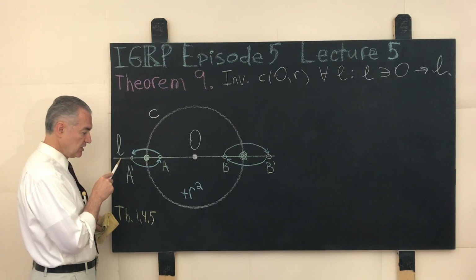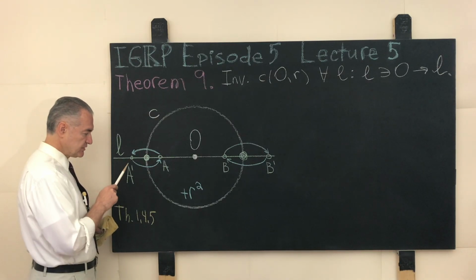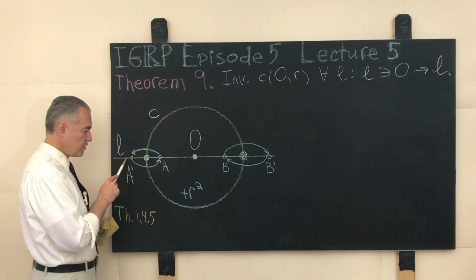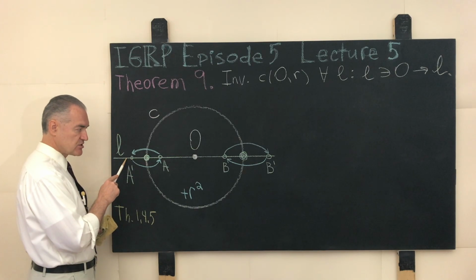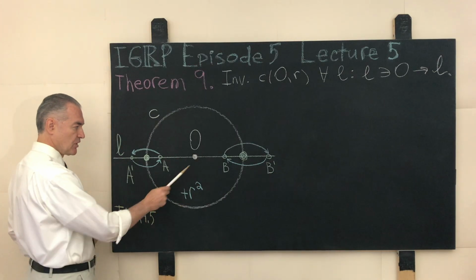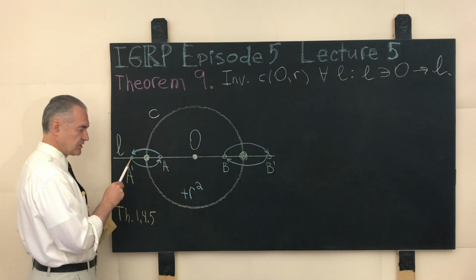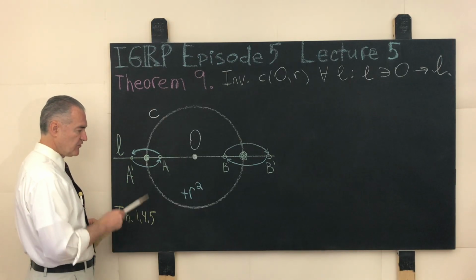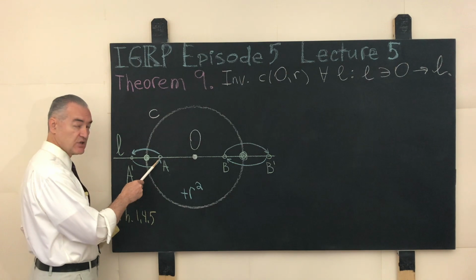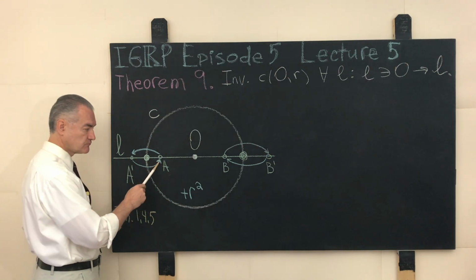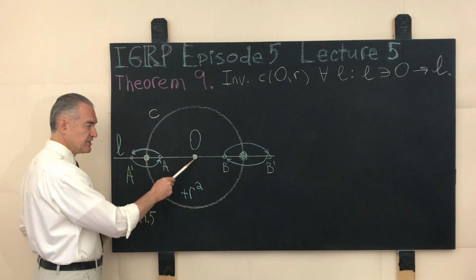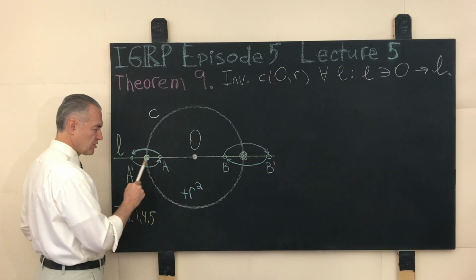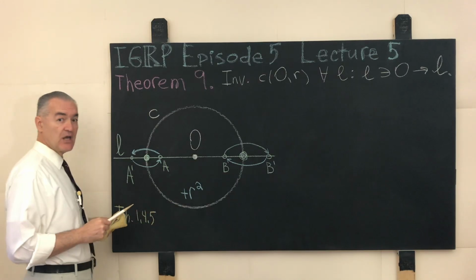And conversely, if a point such as sample point such as A prime that is located on the straight line L logically to the left of the center of inversion outside of the circle, that point, according to the theorem number 5, will be taken strictly into the circle of inversion. That point will be distinct from the center of inversion, and all these 3 points, A prime, A, and O, again will be collinear.